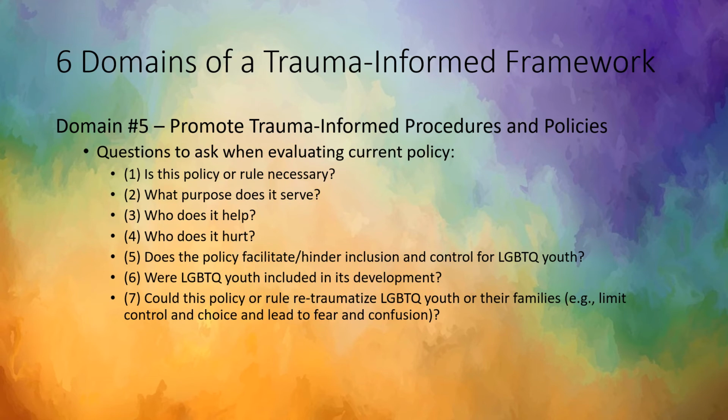Developing policies around when and when not to disclose a youth's sexual orientation or gender identity and to whom it's appropriate to disclose it to. A policy around tracking LGBTQ stats and outcomes within the agency, and a policy around continuous assessment and training about trauma-informed care as it relates to the LGBTQ youth population.